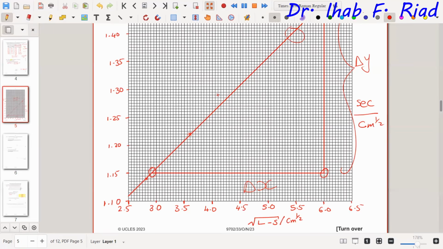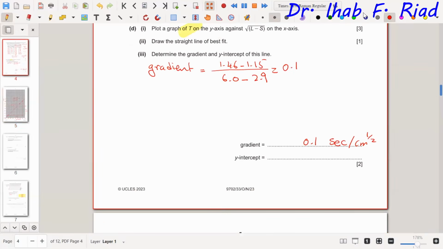Okay, I use 5.4 on the x-axis and 1.4 on the y-axis. I got the point over here. Okay, I use the point along the line. What is my point? 1.4 and 5.4 on the x-axis.